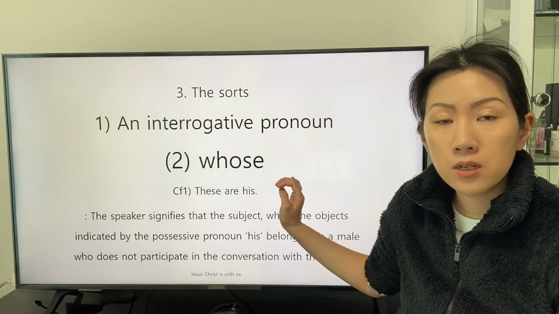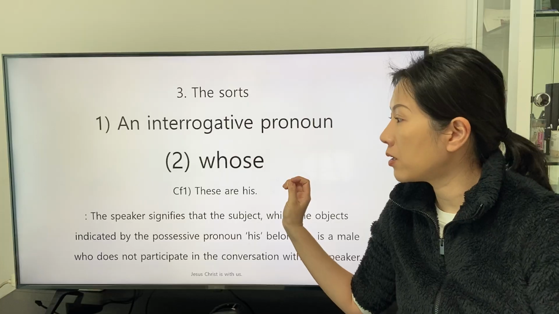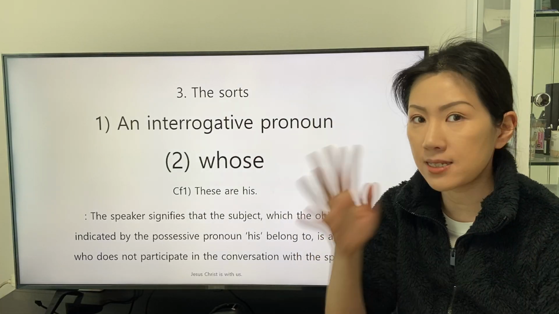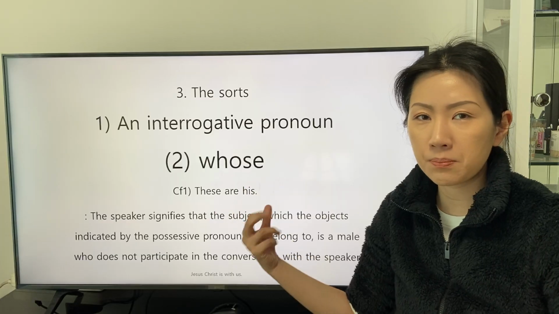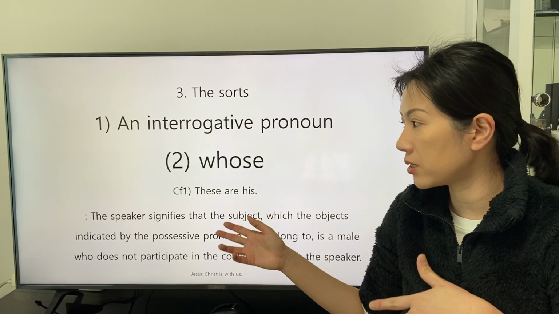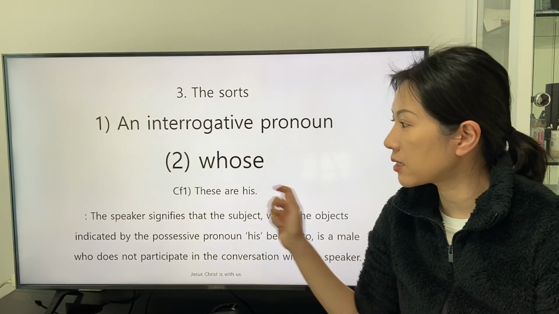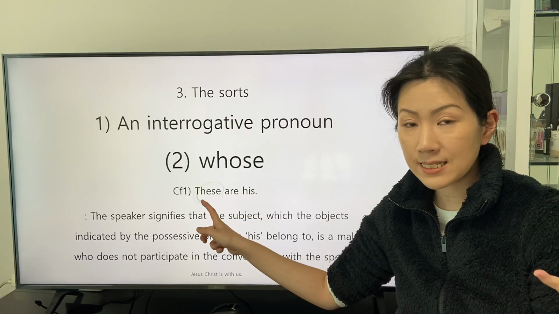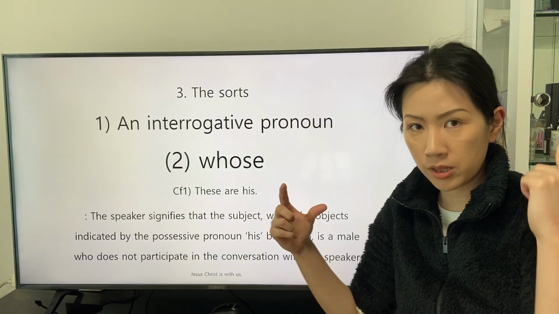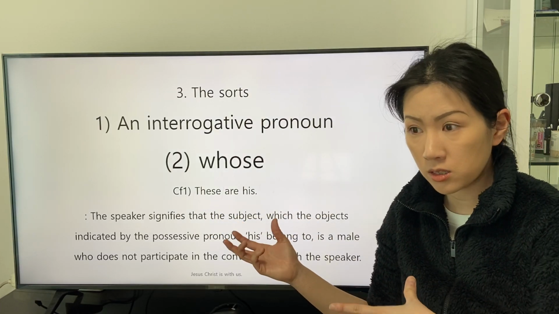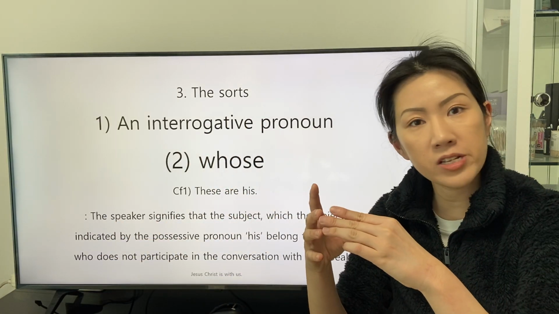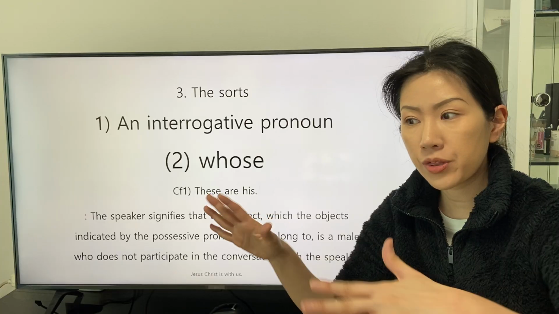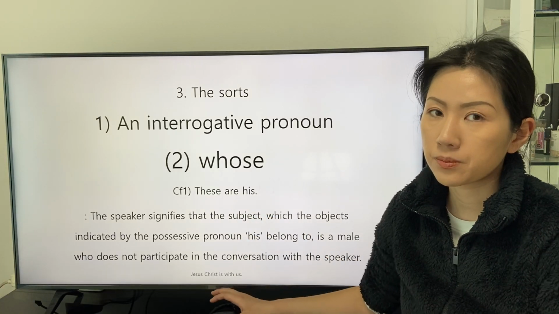The first possible response is this: These are his. The possessive pronoun his is applied as the subjective complement. This tells us that these, that are the subject of this clause, belong to a man who does not participate in the conversation with the speaker and the listeners.